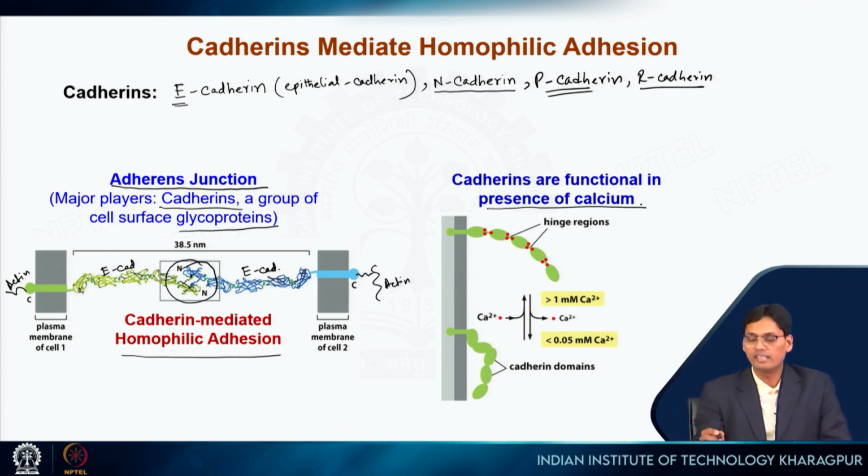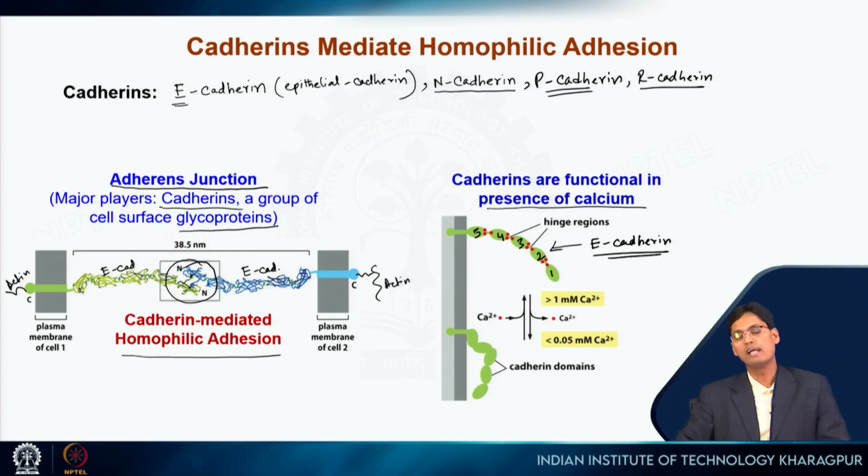As you can see, this is how cadherin looks. If I say this is E-cadherin, then E-cadherin and N-cadherin look very similar like this. They have 5 extracellular domains, this 1, 2, 3, 4 and 5, and in between those domains they have calcium. These red dots you can see are the calcium ions, and they are very important.